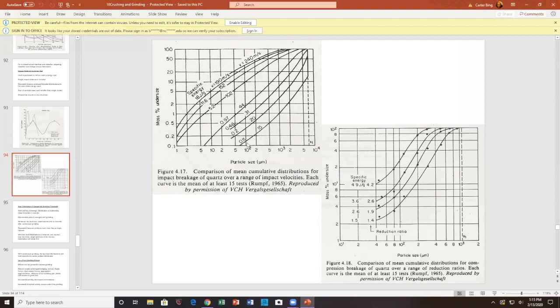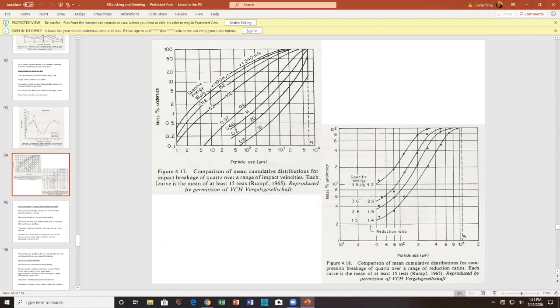However, if I go up to 18, a factor of 180 times more energy, joules per gram, I have significant size reduction. Again, the particle size is a lot smaller, and obviously I'm operating at higher velocities.